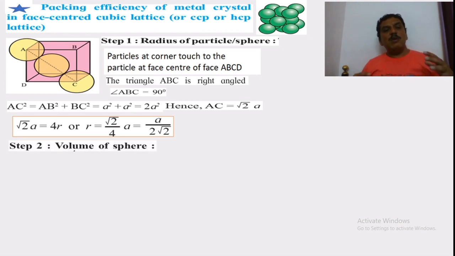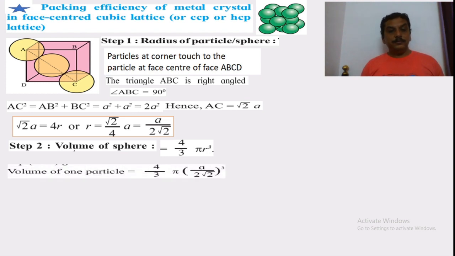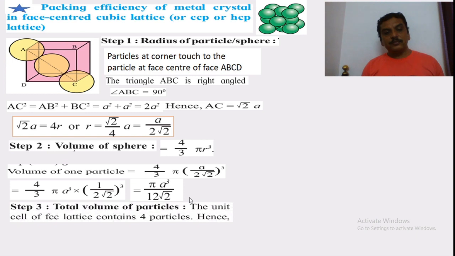Then step 2 is the volume of the sphere. Volume of sphere is equal to 4 by 3 pi r cube. We have to put the value of R as a by 2 root 2. Further calculation gives pi a cube upon 12 root 2.